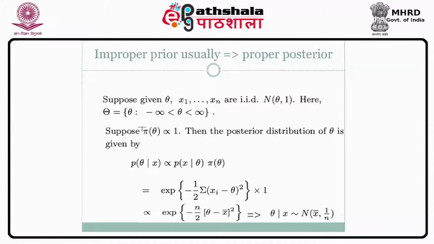It is very clear that theta given the data follows normal with mean x bar and variance 1 over n. So what is happening here? Even if you take some improper prior, pi theta proportional to 1, so that the integral of pi theta d theta gives you infinity, it diverges, you still get the posterior to be a proper distribution.